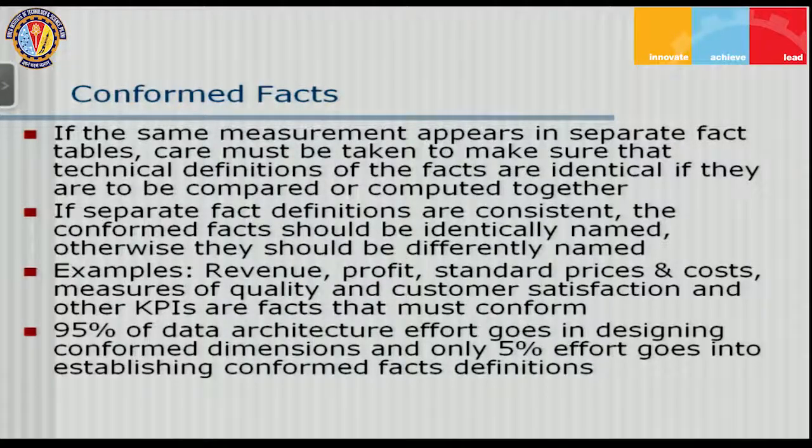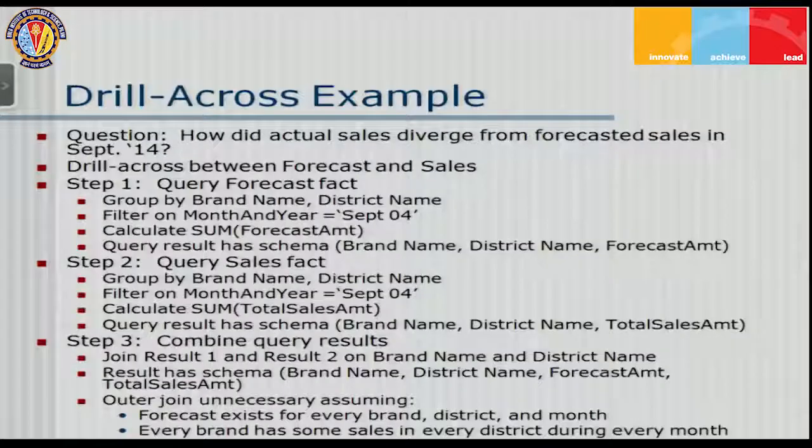If they are the same facts being shared, I must name them identically. As I said, designing conformed facts is not that big a challenge compared to designing conformed dimensions. 90% of the data architecture effort goes into designing conformed dimensions, and only 5% goes into establishing conformed fact definitions.